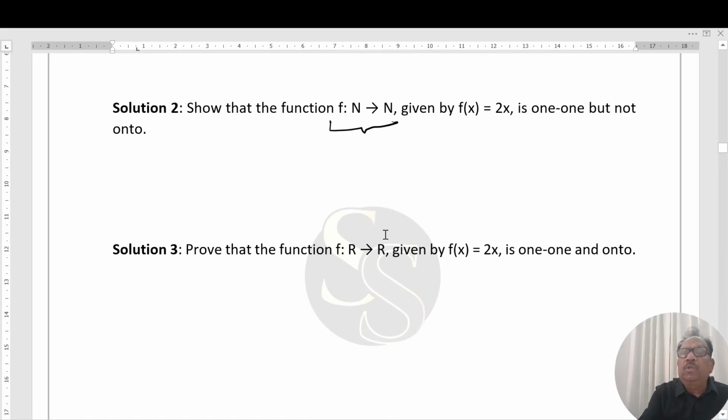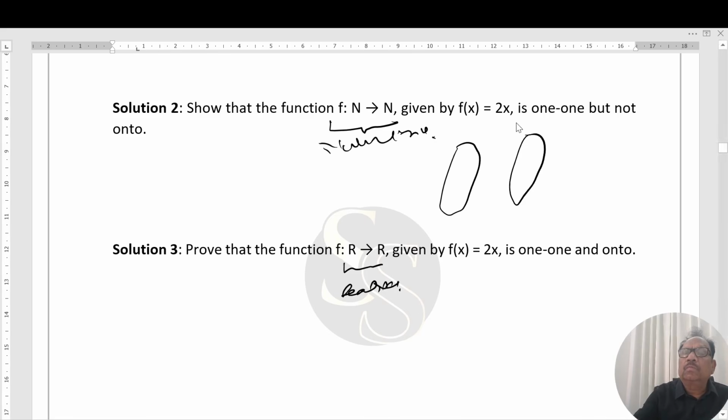This is N to N, natural numbers. If we take 1, 2, 3 here, we will get 2, 4, 6.